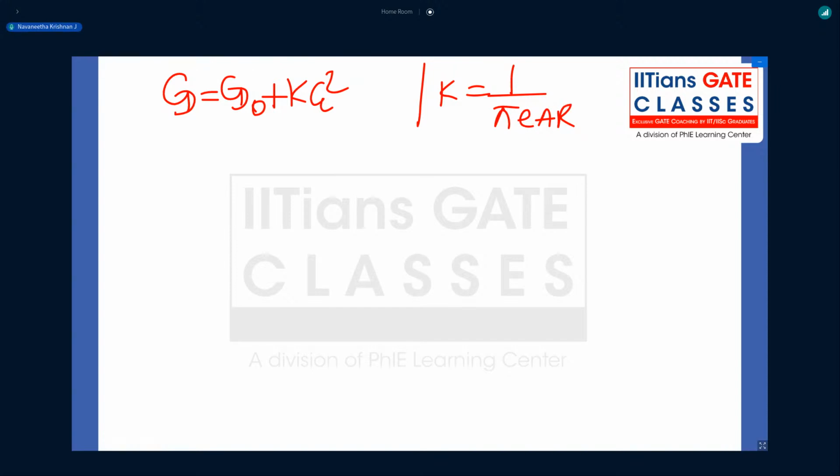Aspect ratio defines the span of the aircraft, where aspect ratio is nothing but B square by S, where B is the span of the wing and S is the wing area.